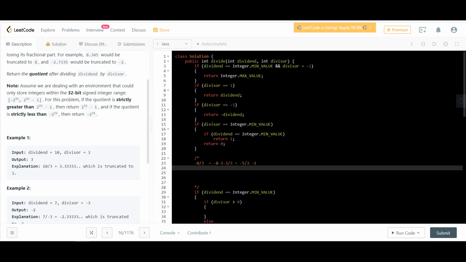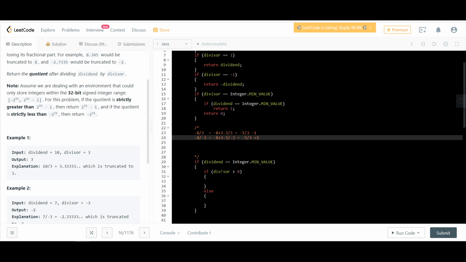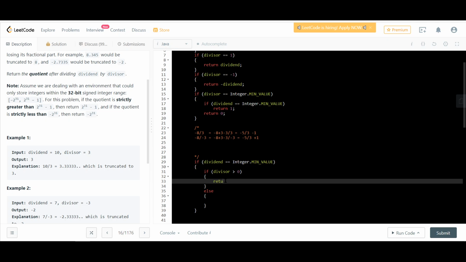And if I'm doing minus 8 by minus 3, again the same trick I can apply. I do minus 8 minus 3 plus 3 by minus 3, and I can see this is equal to minus 5 by minus 3 plus 1. So in the first case there is a minus 1, and then I do the divide.